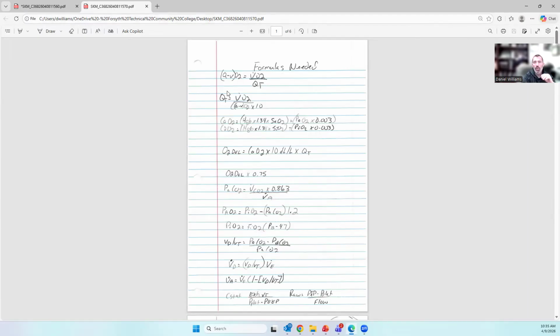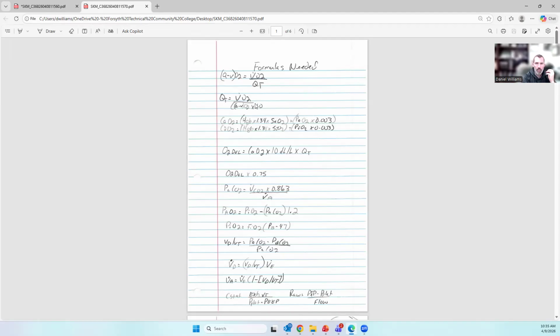So we'll start off with the gold standard for the computation of cardiac output. Cardiac output can be denoted by the QT that you see here. We have cardiac output equal to VO2, our oxygen consumption, divided by the arteriovenous content difference multiplied by 10.